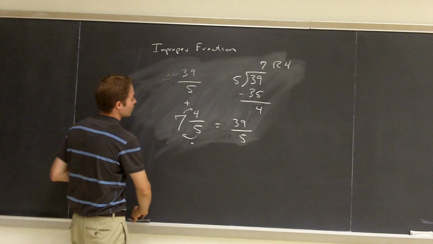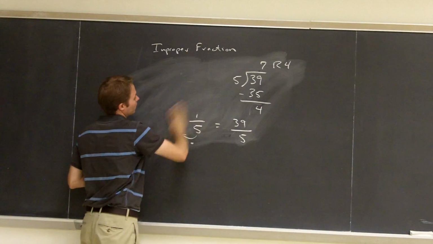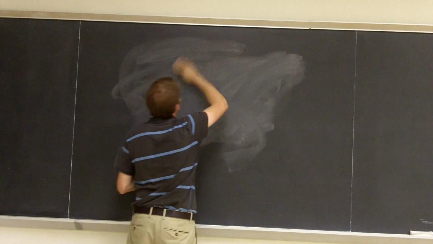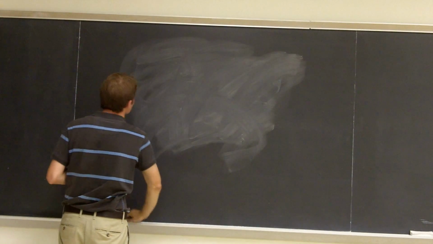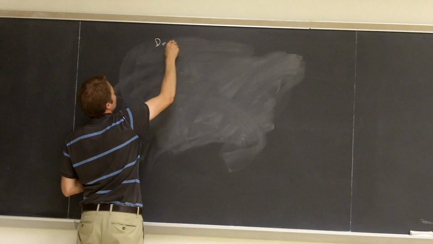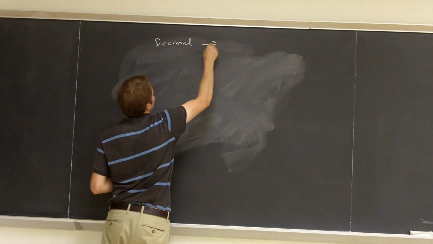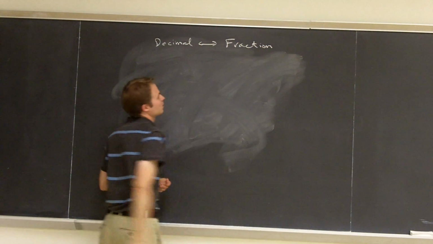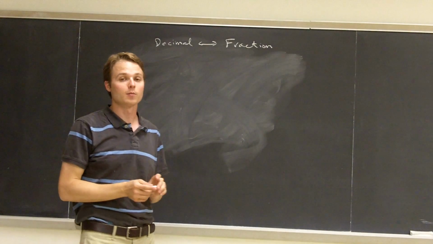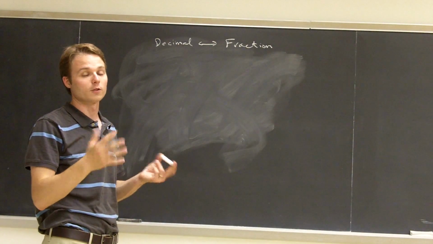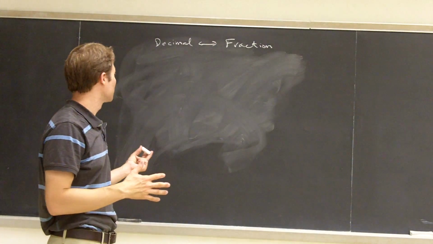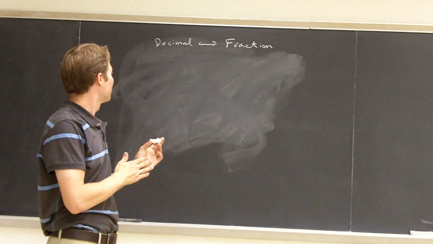One other conversion that we're going to look at is how to convert between decimals and fractions. So a conversion between the decimal number and fraction. Because fractions and decimals are basically two different ways of representing the same data.